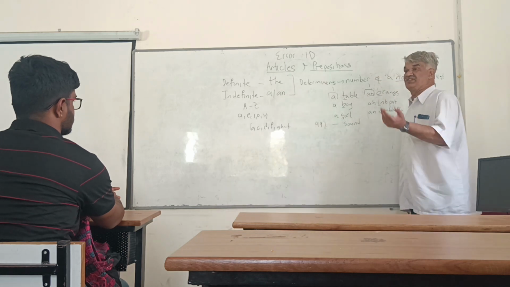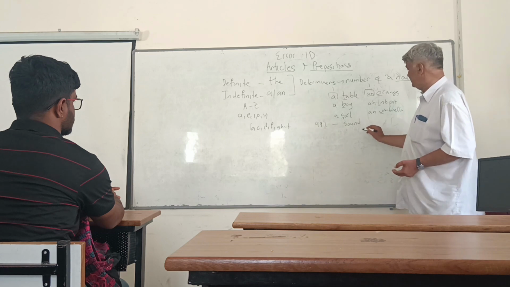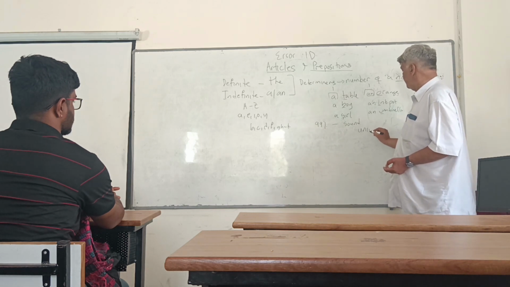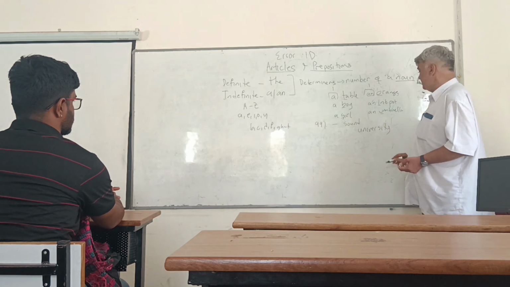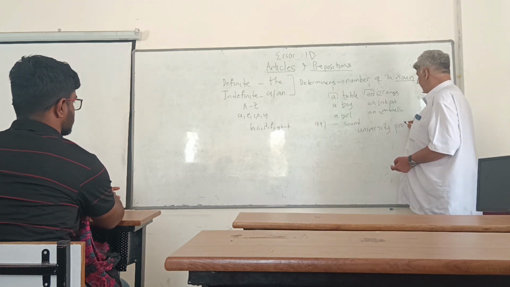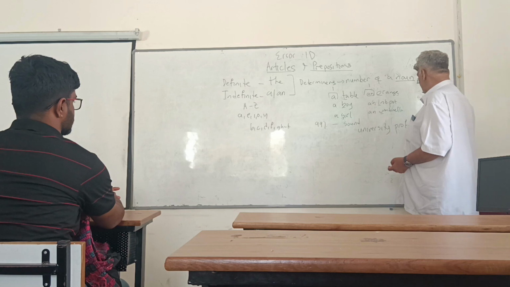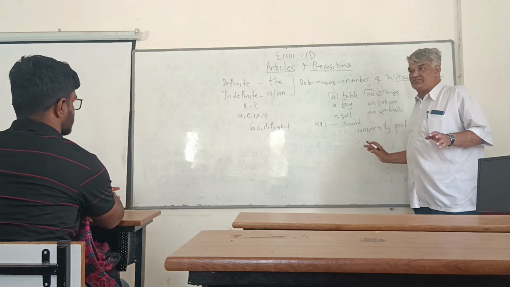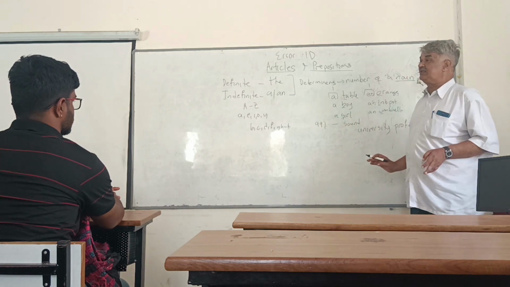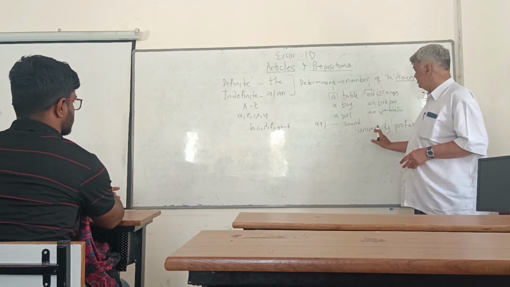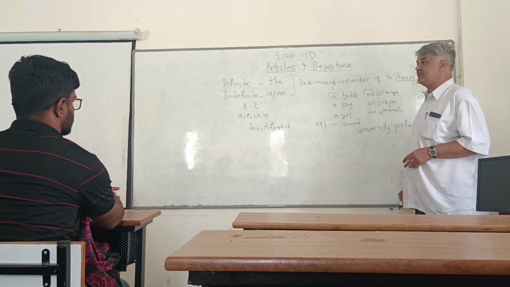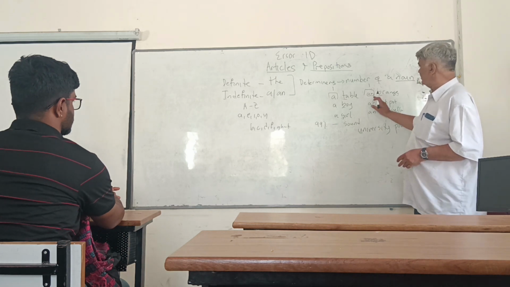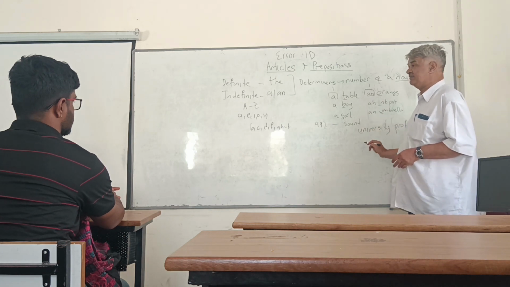Sound means pronunciation. So for example, if I say university, a university professor. Here you have university, which begins with a vowel, so according to the earlier rule you would use an.